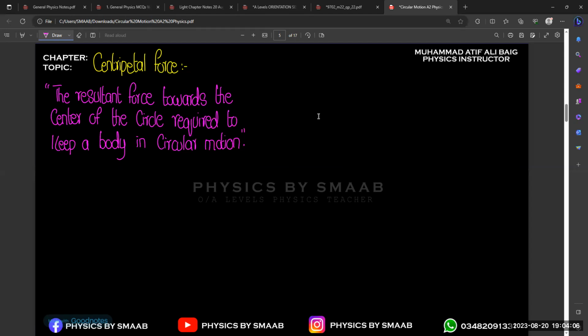Okay. So you know basically that F is equal to ma. If we start from that concept, let's write Fc, centripetal force, is equal to m a c, where a c is centripetal acceleration. We know that centripetal acceleration is equal to v square over r.